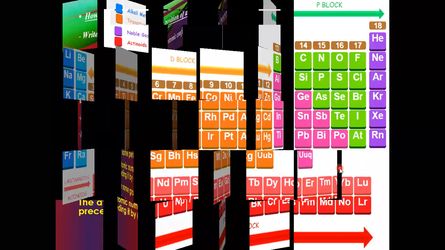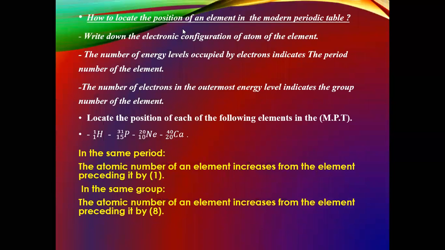Simple, very simple. Now, another part of our lesson, how to locate the position or the location of any of the elements in the periodic table. الموضوع سهل قوي. بيقول لحضرتك اعمل electronic configuration of the atom. من الالكترونيك configuration هيبان لي حاجتين, two things.